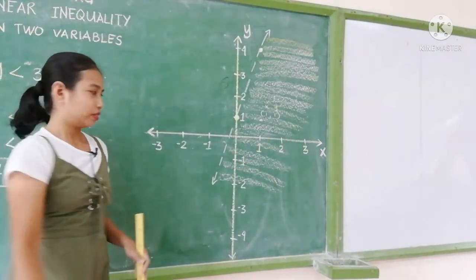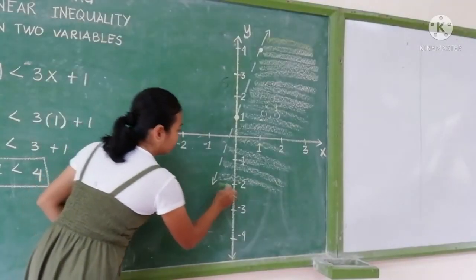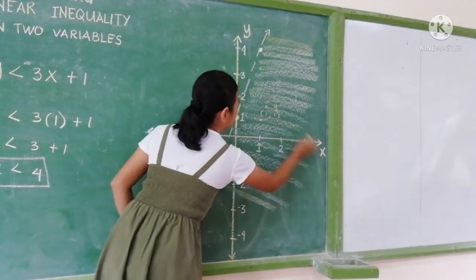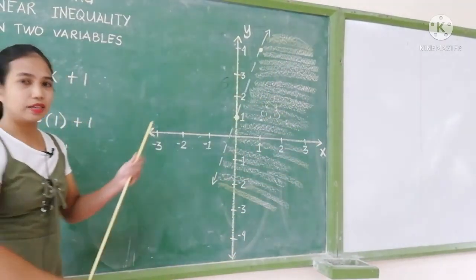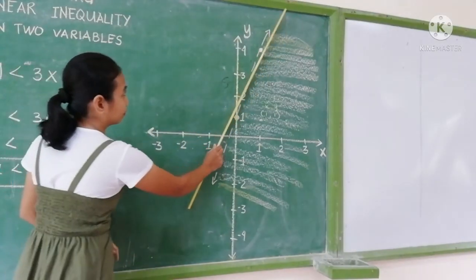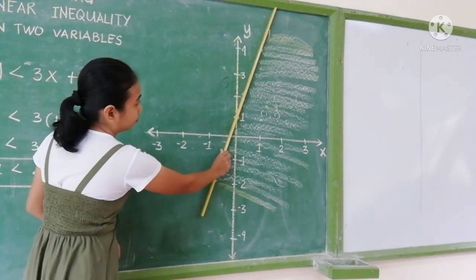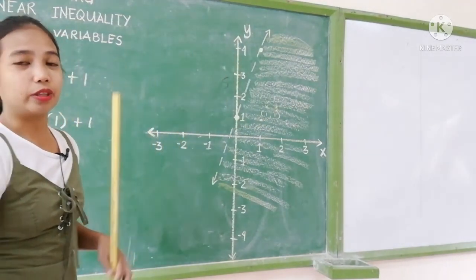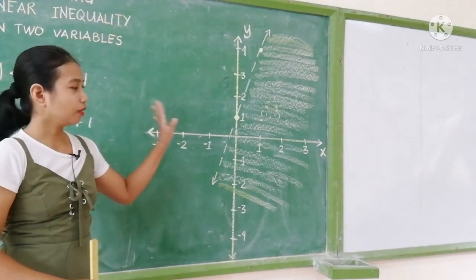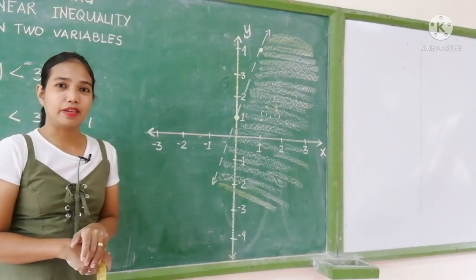Okay, so that's it. Okay, so meaning to say, this shaded part, okay, the shaded part or shaded portion of the Cartesian plane, those are the solutions of our inequality.